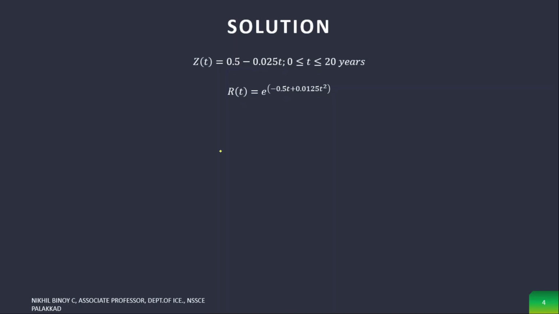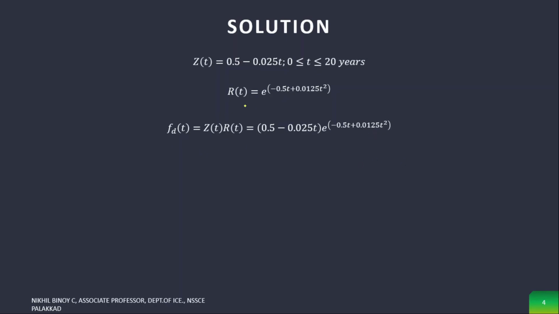Now what is the next one? Failure density Fd of t. Here you have Z of t and you have R of t, so what is failure density? Failure density Fd of t is equal to Z of t into R of t, that is equal to 0.5 minus 0.025 t into e raised to minus 0.5 t plus 0.0125 t square.